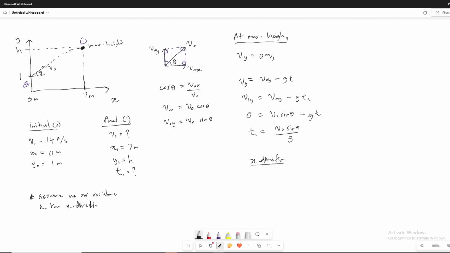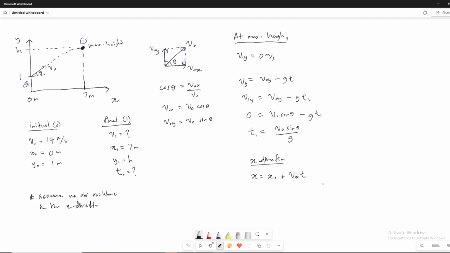We do not know the velocity, but we do know the displacement. So x equals x naught plus v naught x t.